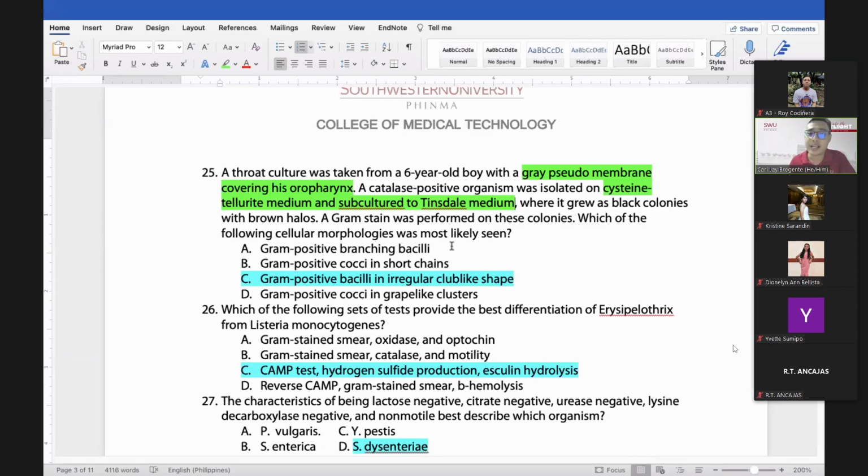Okay? Examples, by the way, of common gram-positive branching bacilli are Nocardia and Actinomyces, those are the branching bacilli. And if you grow this on culture medium, class, you will see that the colonies also branch.